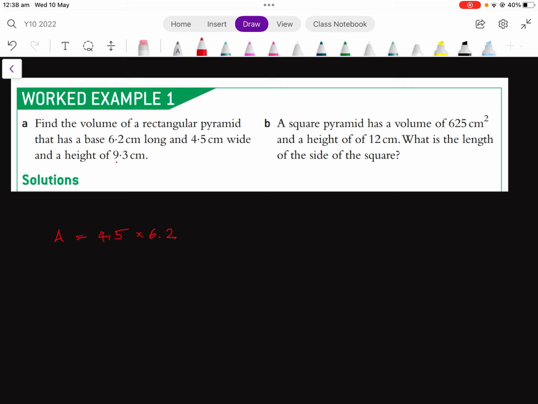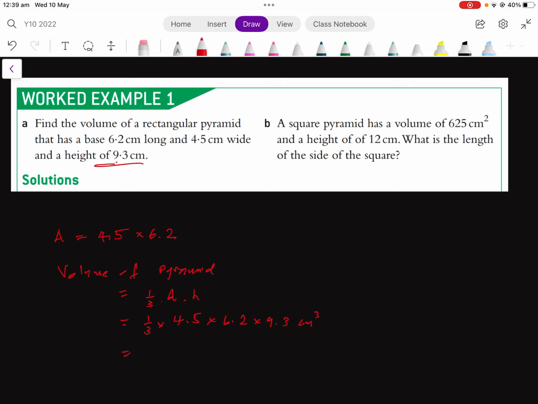If I have to find the corresponding volume of the pyramid, the volume of the pyramid is equal to 1/3 base area into height of the pyramid. So that is 1/3 into 4.5 into 6.2 into the height, 9.3. Of course we have centimeter cube. Use a calculator to get this answer.